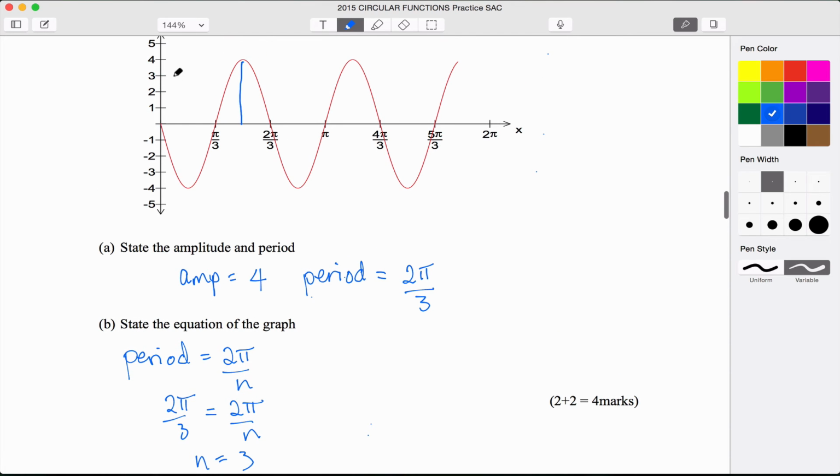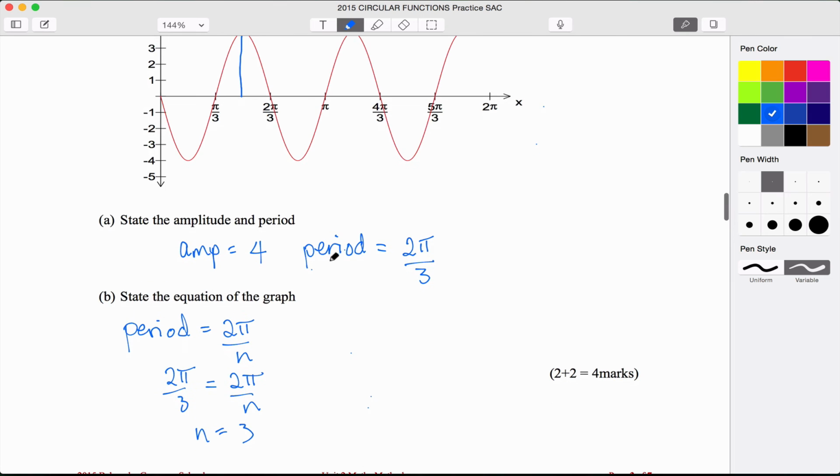And the other thing I noticed about this is it's a negative sine graph, because a positive sine graph would go like this. But we've flipped this one, so I need to have a negative in there. So we can start with negative 4 is the amplitude, sine 3 is the number in front of x, negative 4 sine 3x.